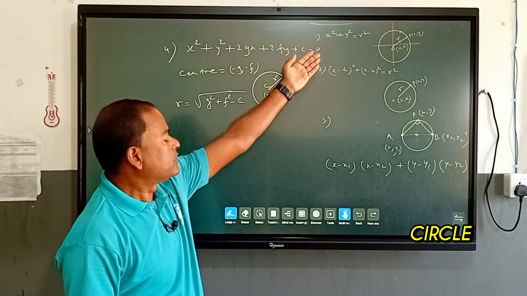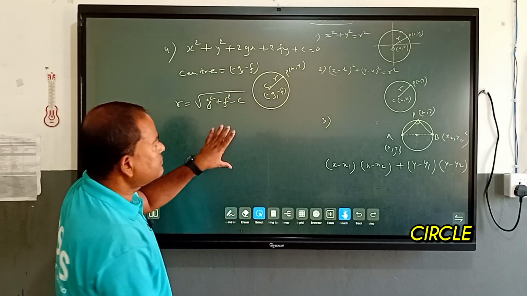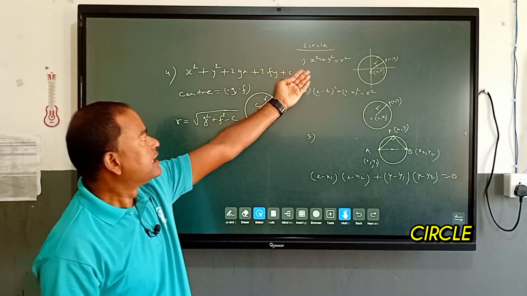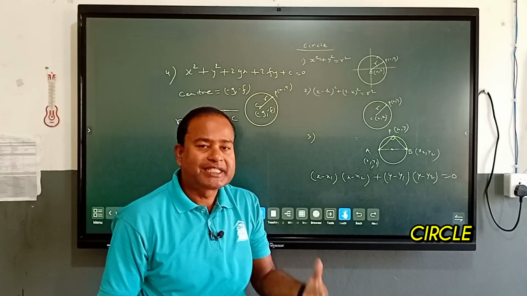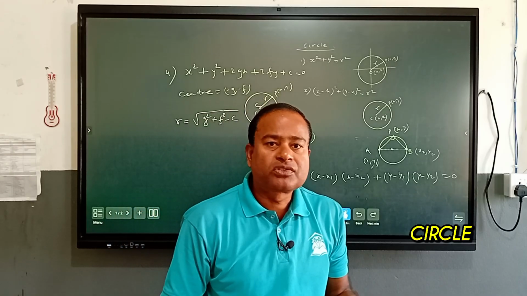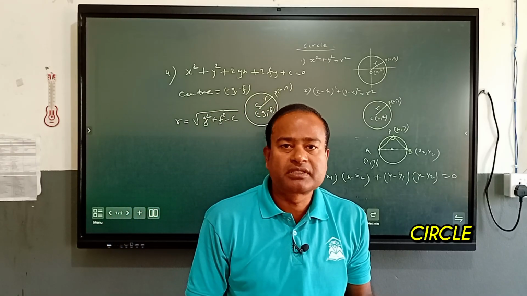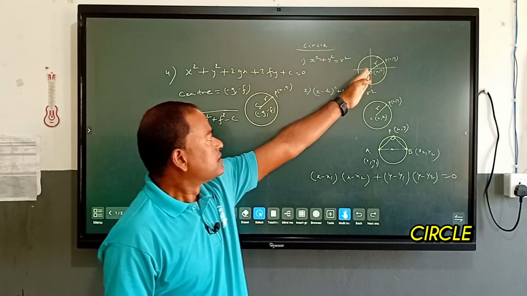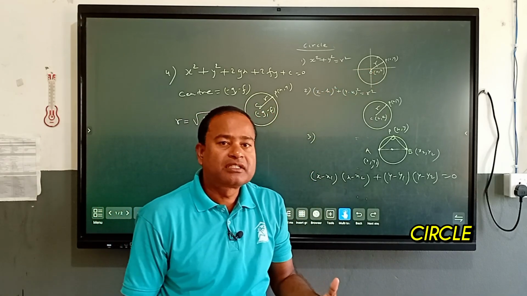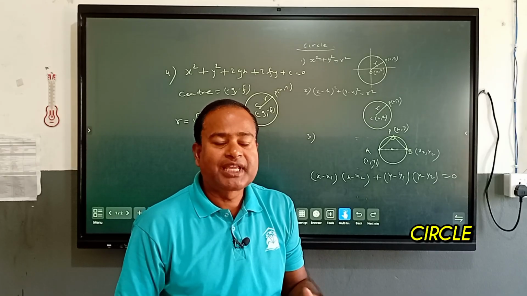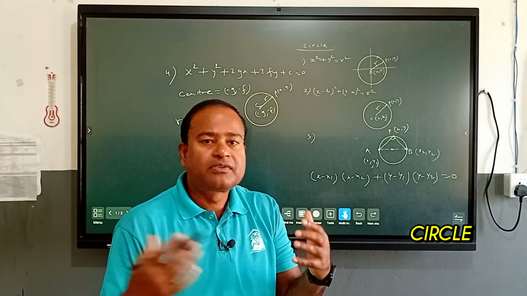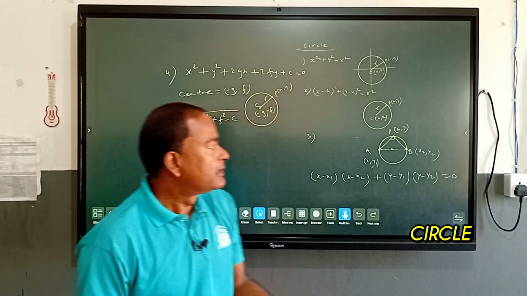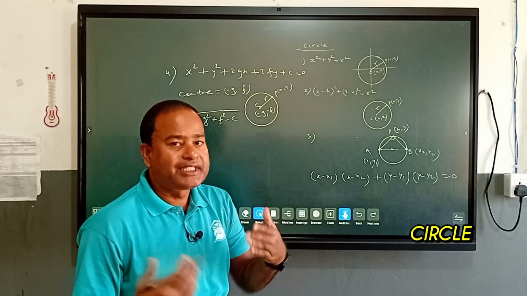The first formula of equation of circle is x square plus y square is equal to r square, which is also known as the equation of the circle in the standard form, because in this case the center of the circle is at the point 0 comma 0, or we can say when the center of a circle is at the origin, then the equation of circle is known as the equation of circle in the standard form.